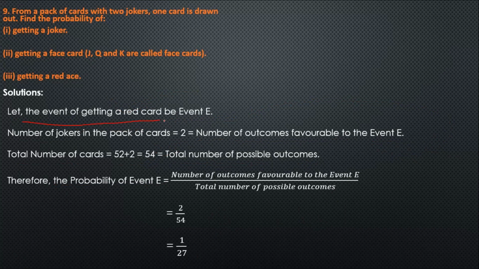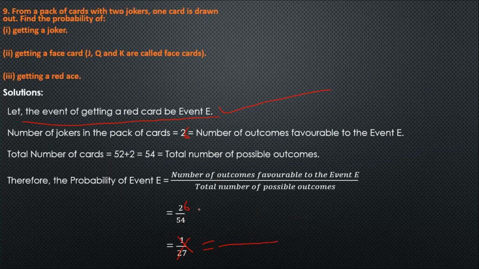Getting a red card. Let the event of getting a red card be event E. So this is not 2, it is actually 26. Here is also 26. Now this is wrong.